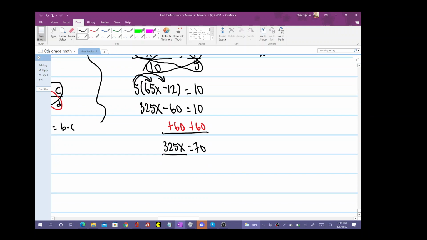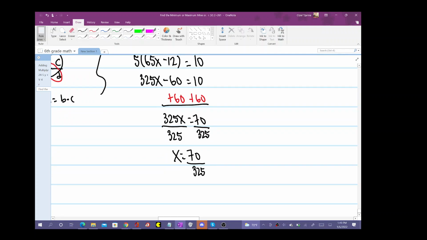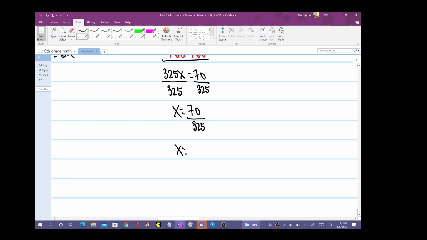You divide both sides by 325, and then you go ahead and do x equals 70 over 325, and you use your calculator or you simplify that, and you are left with x equals 14 over 65, right?